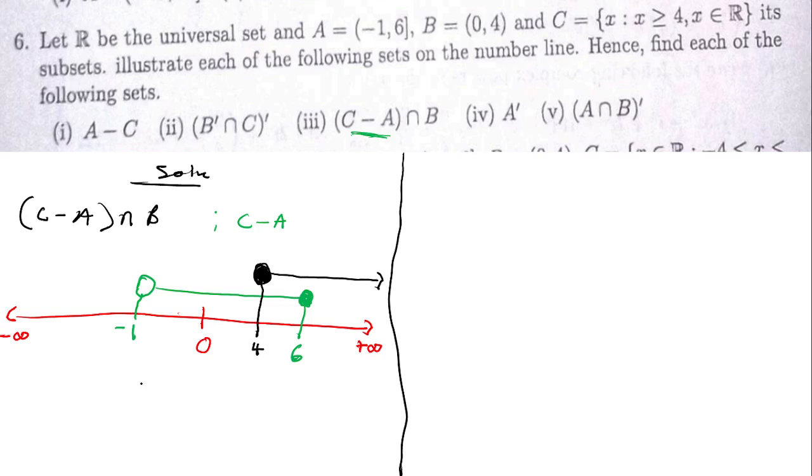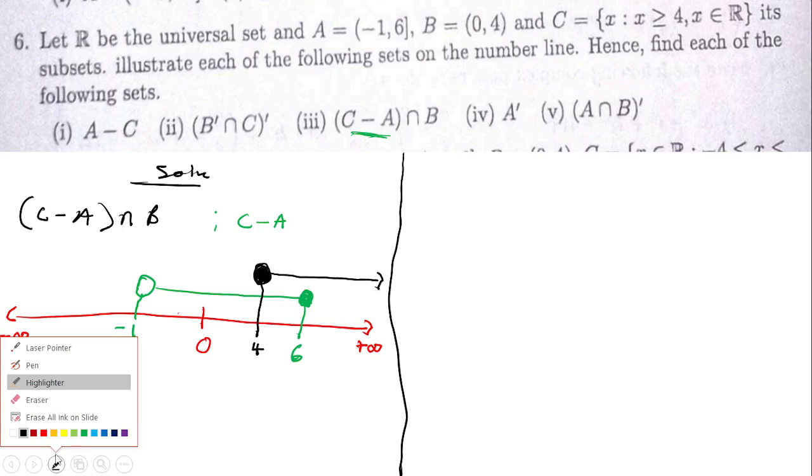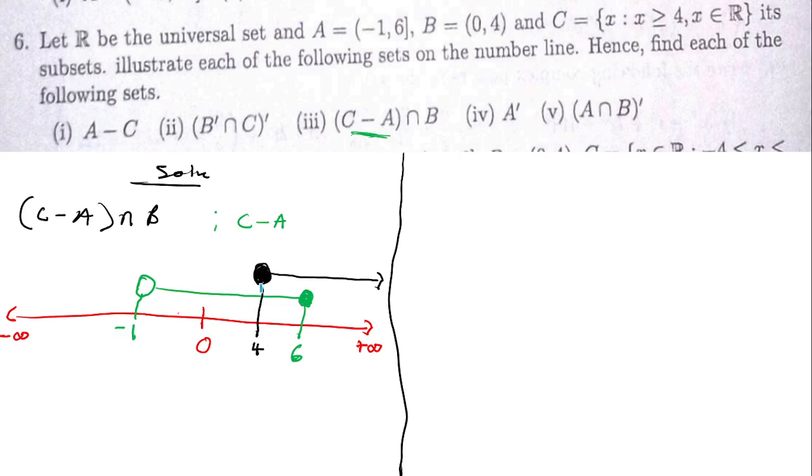So the question is, from C remove A. So when we remove A from set C, which part are we remaining with? So from here, what you can observe is that when you remove set A from C, remember black is C and green is A. So what you are remaining with is this particular part.